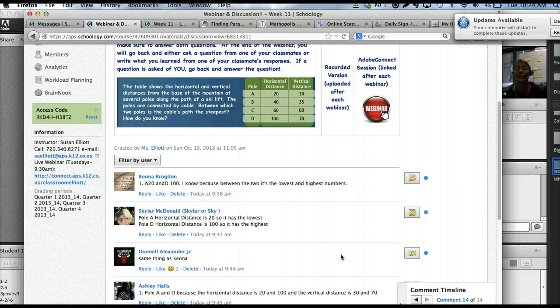It's going to be between A and B, or B and C, or C and D. So you guys go into your Schoology, go into the discussion, and do that. Click on somebody's and hit reply and put between which two poles you think it is. And you can't skip, so you can't say AD or BD. It has to be either between A and B, between B and C, or between C and D.